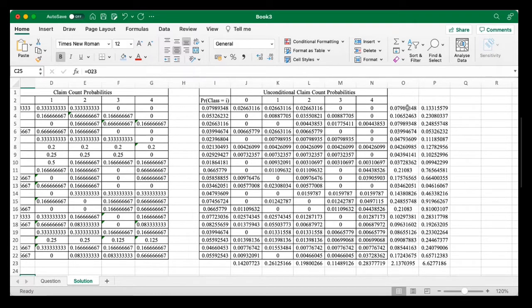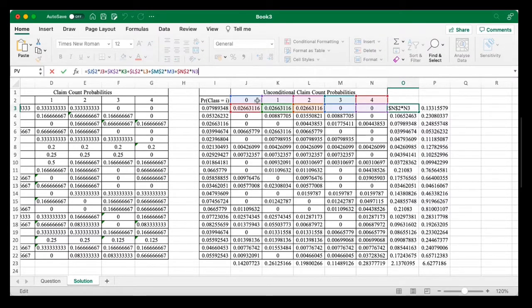So I have calculated the expected values for each class here, where the formula is to multiply the claim count with the probability of each claim count. 0 multiplied by 0.0266, 1 multiplied by 0.0266, 2 multiplied by 0.0266, 3 multiplied by 0, 4 multiplied by 0, and we add up all the probabilities. We do the same for each row until the last row.